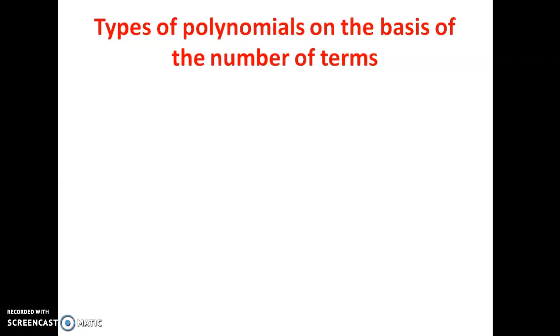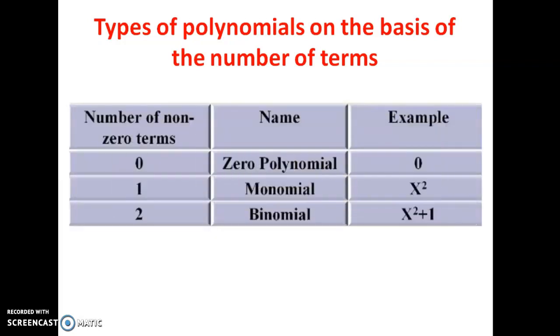Types of polynomials on the basis of the number of terms. Here we name it by the number of non-zero terms. Zero terms means zero polynomial, one term means monomial, two terms means binomial, three terms means trinomial. See the examples.